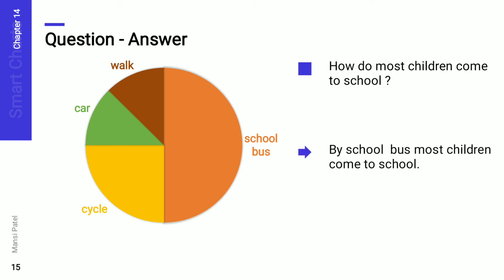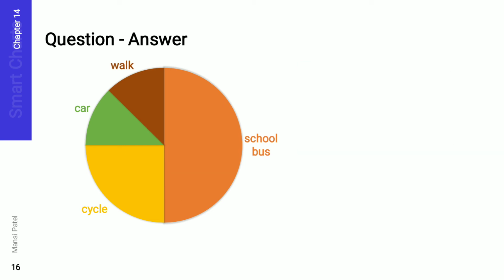Why? Because the proportion of the school bus is more. Therefore, we can say that most of the children would like to come to school by school bus.